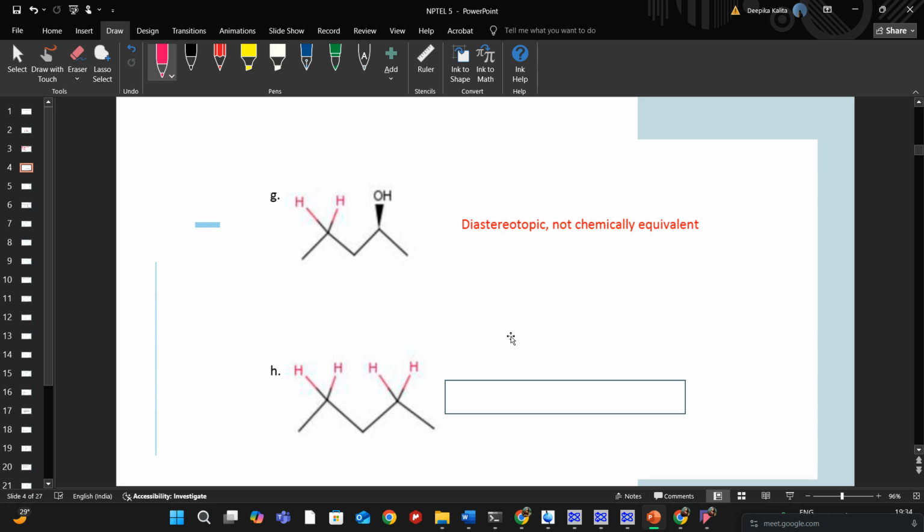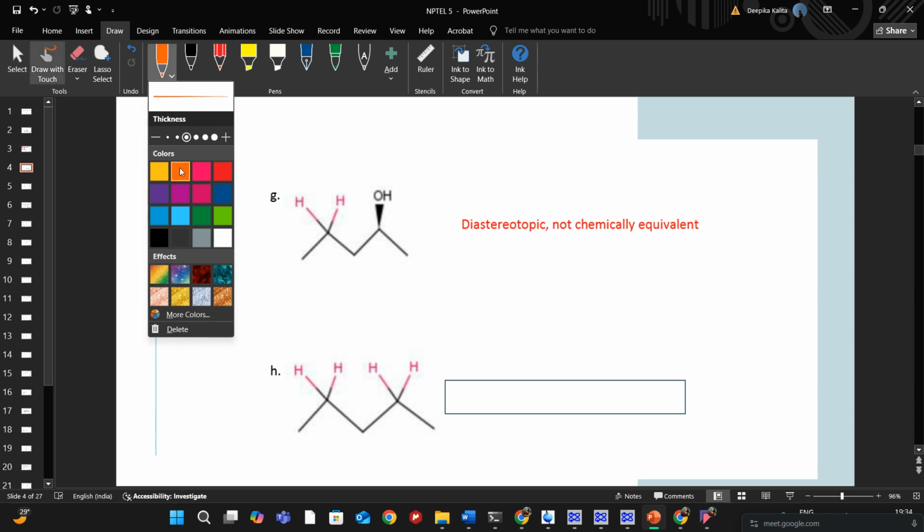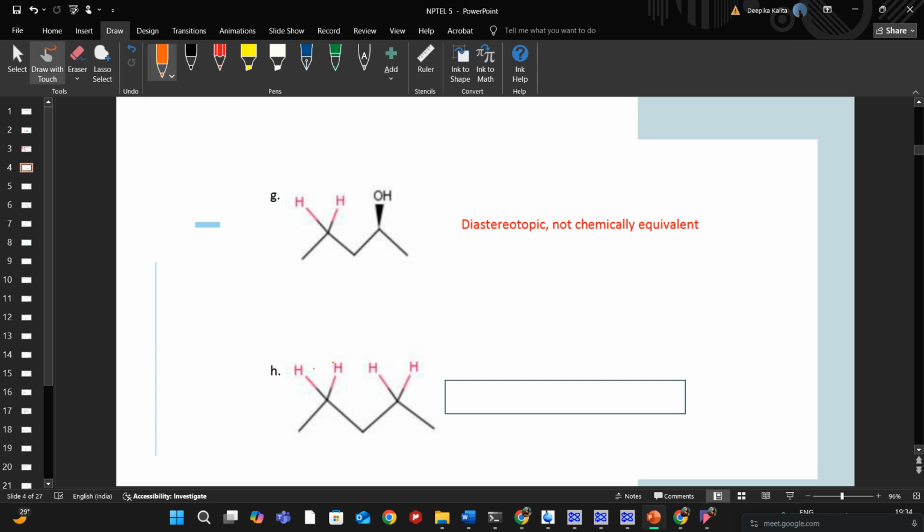And for the second molecule, if we use the replacement method, if we replace this particular proton with deuterium, let us figure out the absolute configuration of this carbon center.